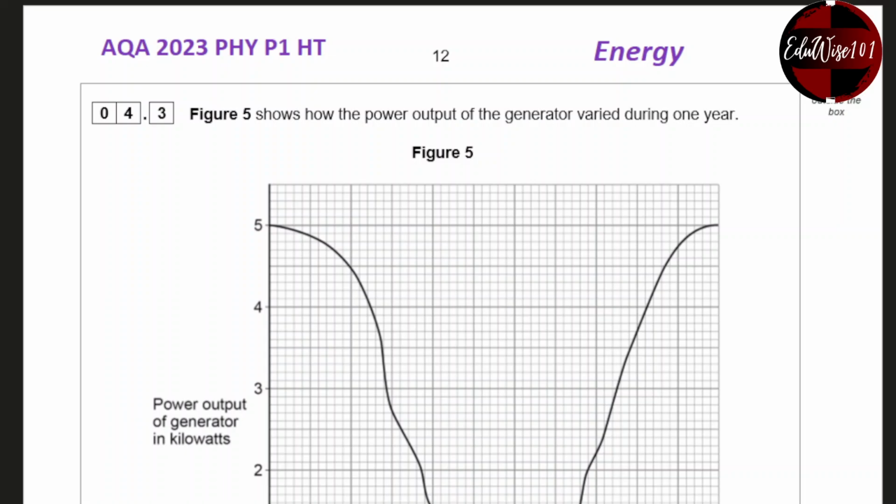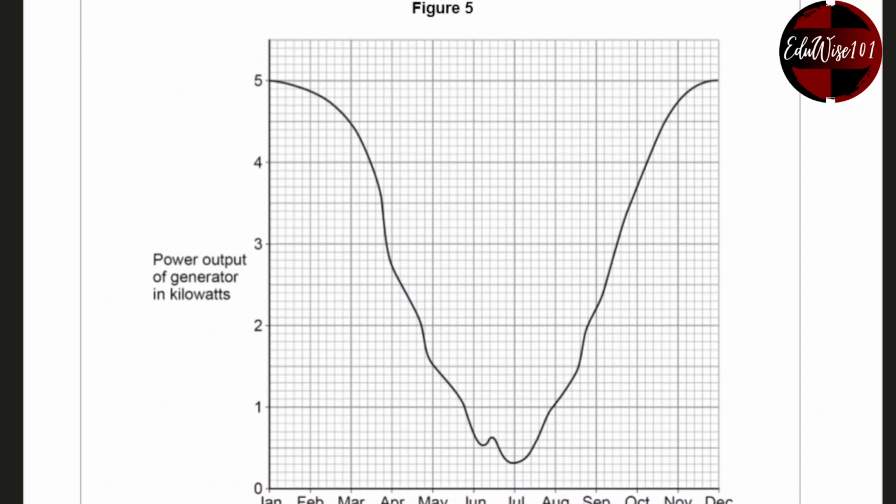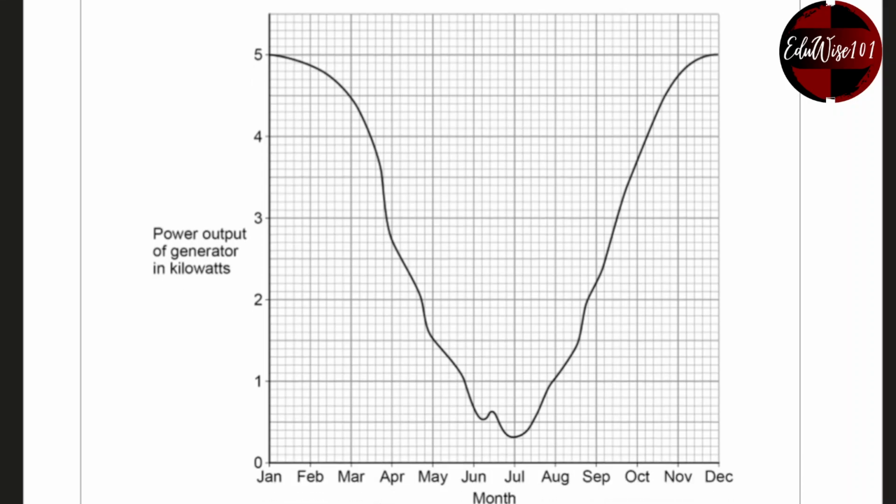Figure 5 shows how the power output of the generator varied during 1 year. As you can see on the graph here, the y-axis, the power output of generator in kilowatts goes from 0 to 5, and in the x-axis you've got the months starting from January to December. The power output from January goes down, and the lowest is in the month of July, and then increases back up again in December.